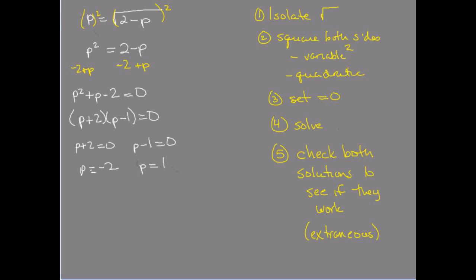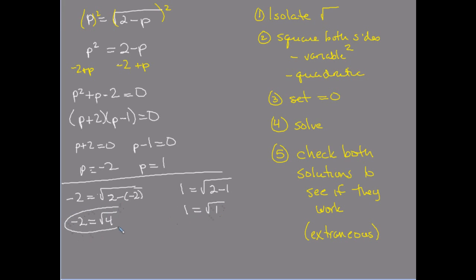So when I check the solutions, I'm going to plug in negative 2, and I get negative 2 is equal to the square root of 2 minus negative 2. So I get negative 2 is equal to the square root of 4. Or I have 1 is equal to the square root of 2 minus 1. 1 is equal to the square root of 1.